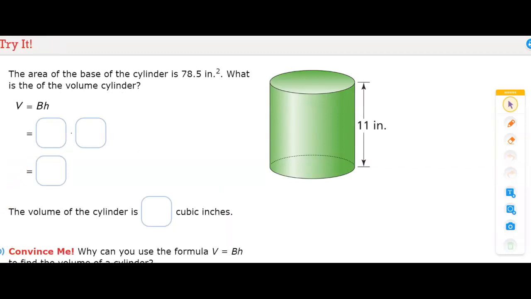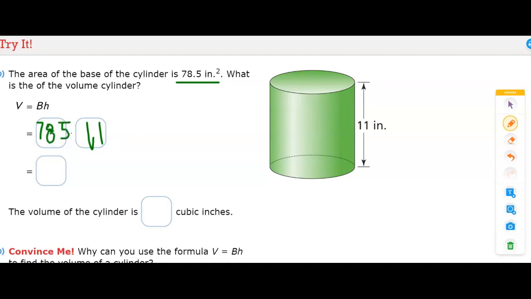The area of the base of the cylinder is 78 5/10 square inches. What is the volume of the cylinder? Base times height is part of our formula. Let's start with the height because it says in the picture it is 11. And in the problem, it tells us the base, 78 5/10.